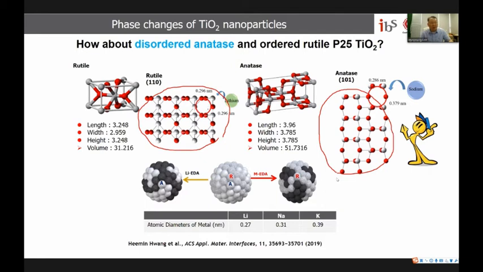than the rutile phase. So our approach is, as you can see here, from the alkali metals, sodium and potassium are larger. So the second approach is, if we change the size of the alkali metal, maybe sodium, maybe potassium, will change anatase only, but not the rutile phase.